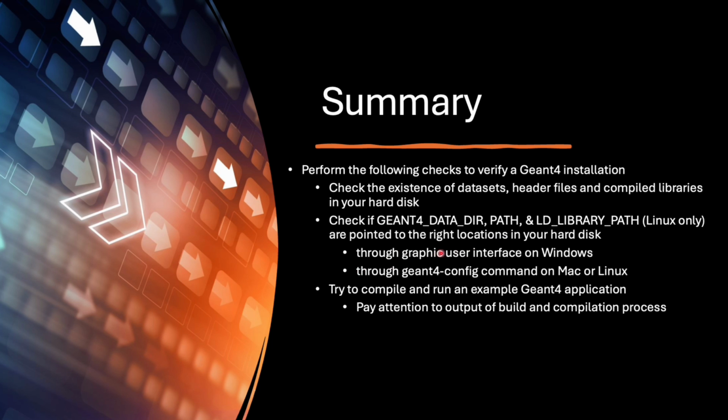This can be done through the graphic user interface on Windows or through the Geom4-config command on Mac or Linux. Finally, please try to compile and run an example Geom4 application and pay attention to the output of both build and the compilation process to identify potential problems.